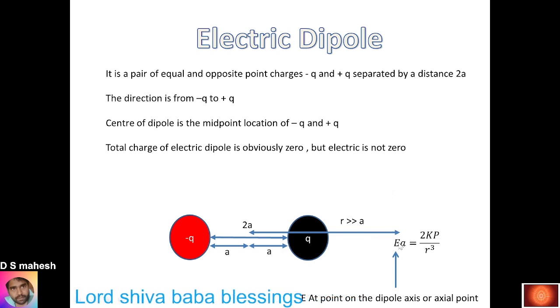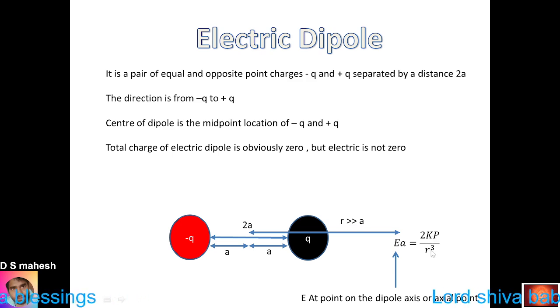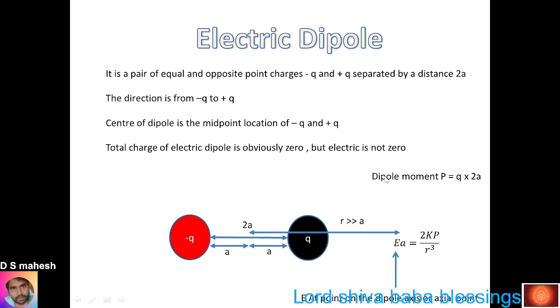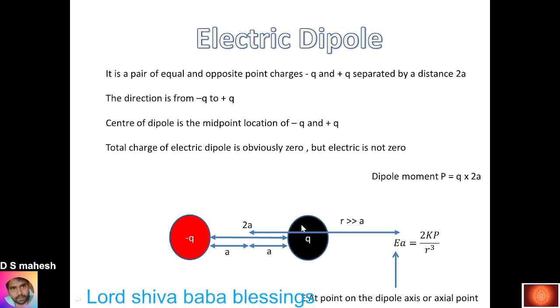The electric field at this axial point is given by 2kp divided by r cube, where p is the dipole moment. It is the product of charge q and the distance between the two charges.